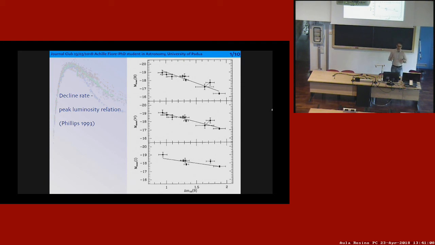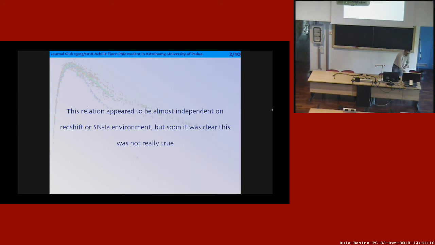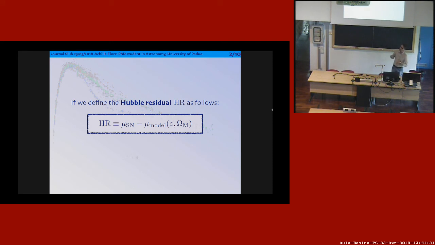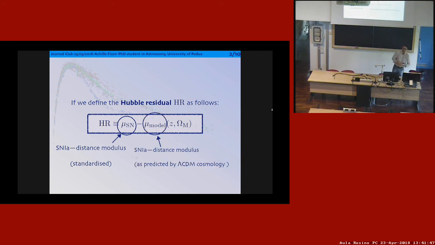What is interesting for the use of type 1a supernovae is that even though the relation is empirical, it does not depend so much on the redshift and on the environment, so the galaxies that host the supernova. But recently it came out that it is not really true, and as the difference of these two distance moduli, the mu Sn is the distance modulus of the supernova after its magnitude has been standardized, so corrected for the relation I showed you before, and then mu model is the distance modulus as predicted by the cosmological model.